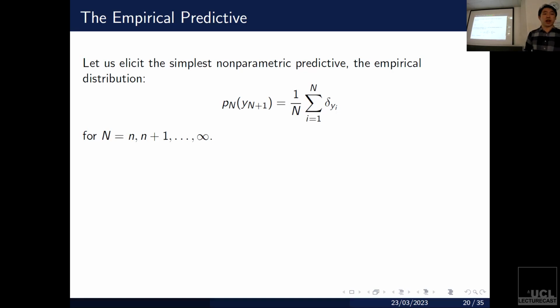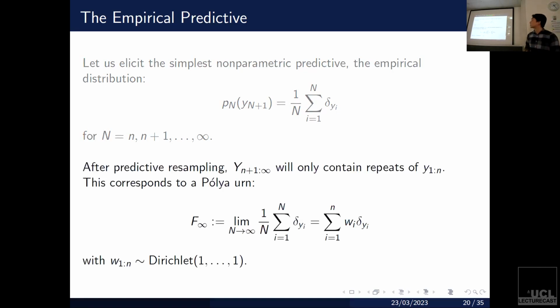What's interesting is that if you carry out predictive resampling, so the idea here is to draw y_{n+1} from the empirical distribution, plug it back into the empirical, draw a new one. It's clear that y_{n+1} to infinity will only ever contain repeats of the data you've already seen, right? Because you started off with this discrete support, you can only draw data points from y_1 to n. And so what that means is that the limiting empirical distribution, or the evolution of this population, is going to just be a reweighted version of the empirical distribution.